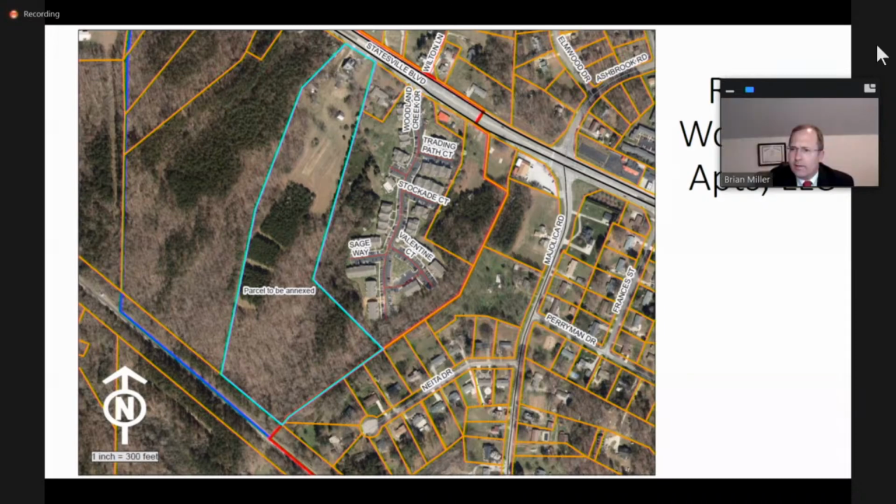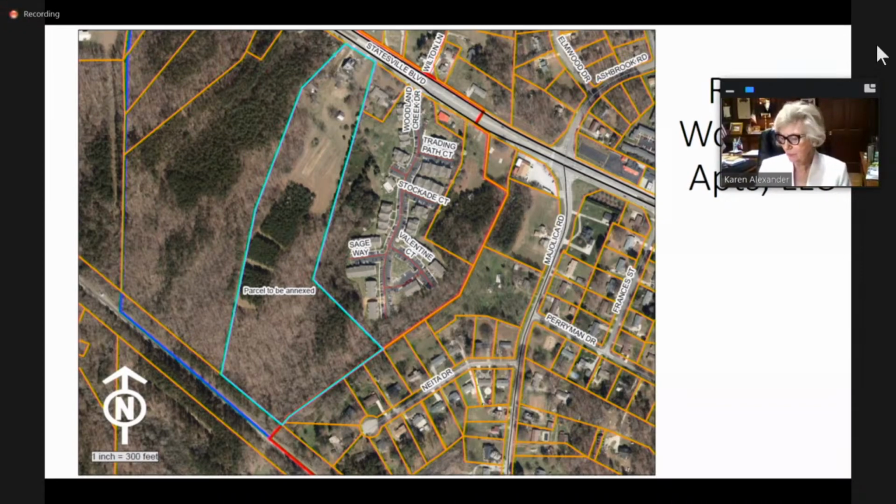So annexing them into the city does not require approval of their site plan, correct? That is correct, yes. They're separate. Okay. Any other questions from council?